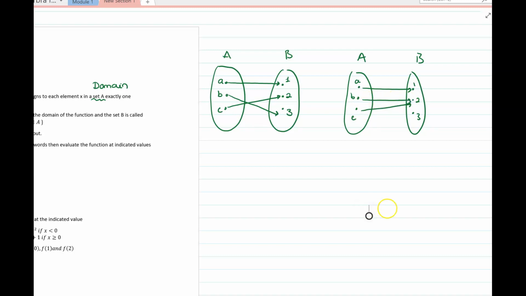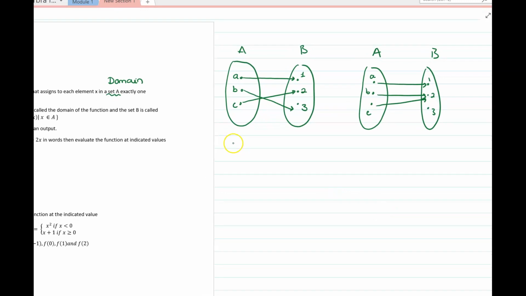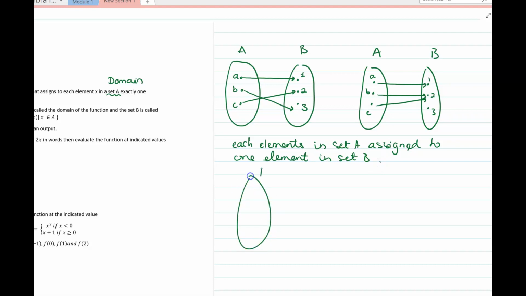So here you can say each element in set A is assigned to one element in set B. So here's an example that is not a function.